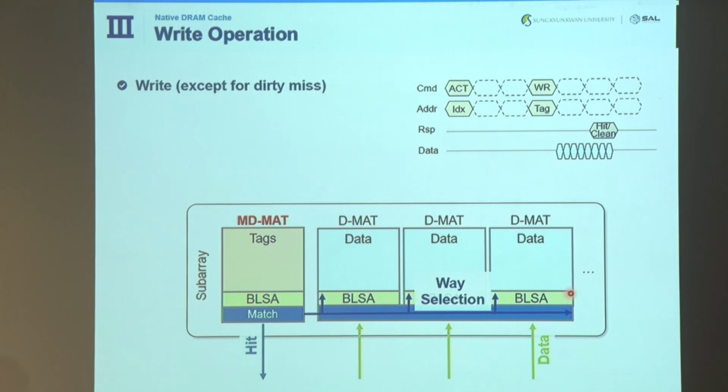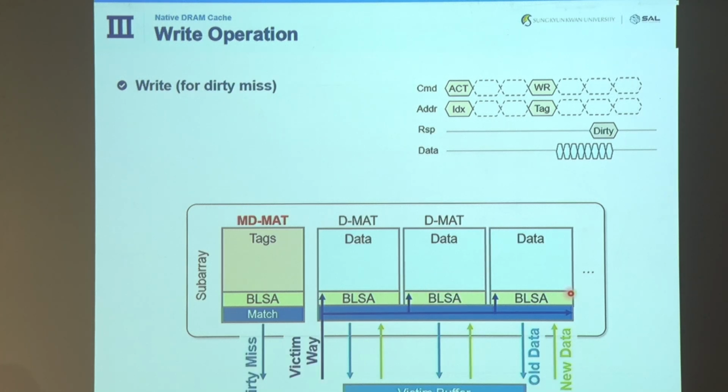Here, it's clear that the write-hit case is similar to the read-hit case. Now, suppose there is a write miss. Then NDC must arbitrarily determine the victim way to write the new data. If a clean way is present, NDC can easily determine the victim way and write the new data on that way. In the case of a dirty miss, a slightly more involved operation is required.